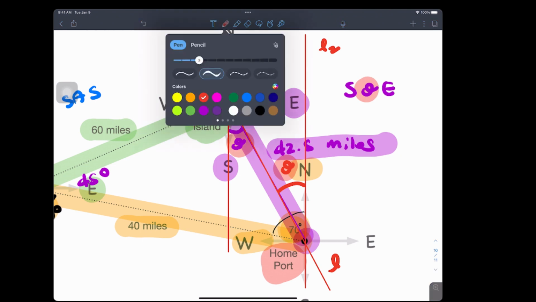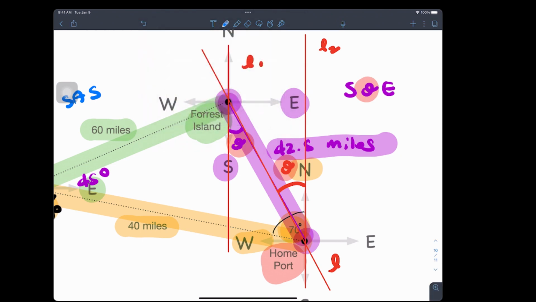So if you can tell me this angle right here, call this H. What do you know? Can you get this angle here? I say you can. If you get angle H, what's the relationship between H and theta? Tell me if you guys agree.